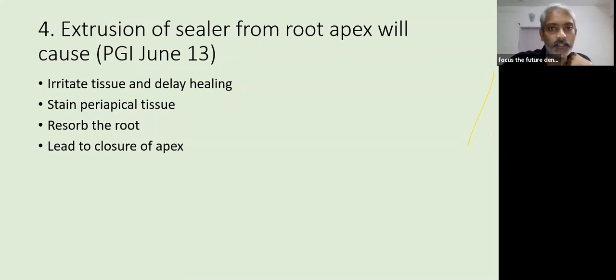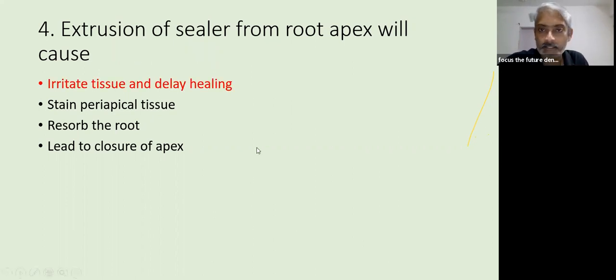Very, very correct. Because sometimes you might feel that B, C, D may all be right, but make sure that you answer the one which is given in the literature, the one which is most apt. So in this particular case, the answer is A, irritate tissue and delay healing, because we just covered this in our topic.